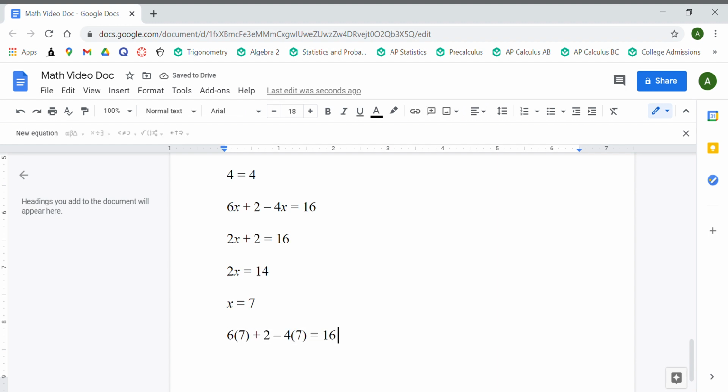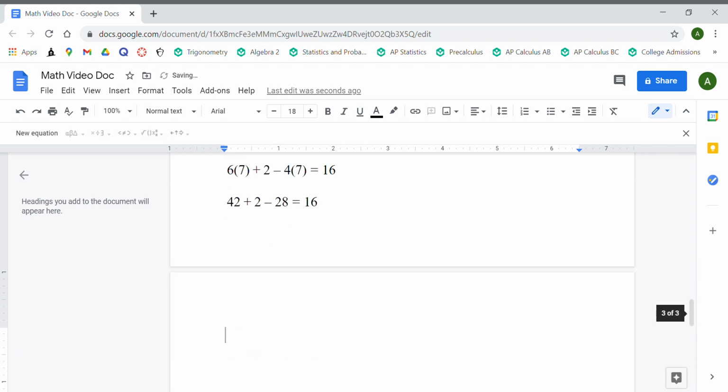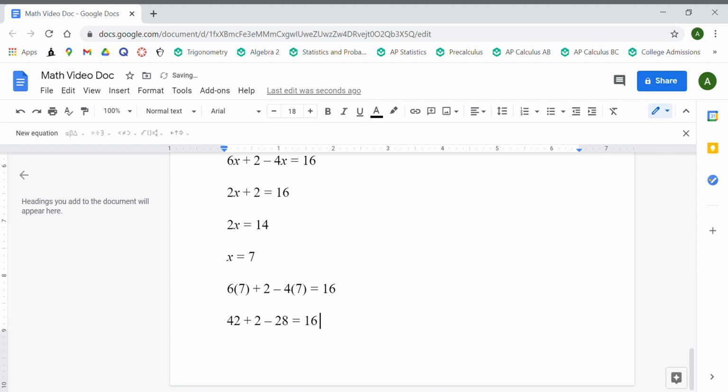Now, we just need to evaluate. So 6 times 7 is 42. And add 2. Minus 4 times 7 is 28. Equals 16. I'm going to calculate all those terms in my head.